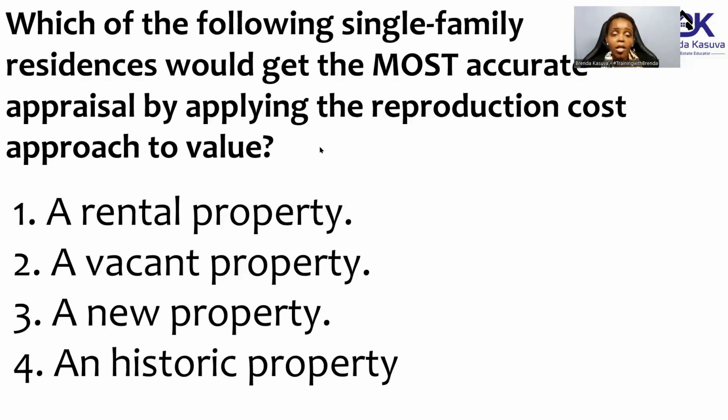So there are three, and the one that is mostly used for single family residences is going to be the sales approach. It doesn't mean that the others cannot be used for single family residences. So maybe you know that there are three: a sales comparison, cost approach, and income approach.